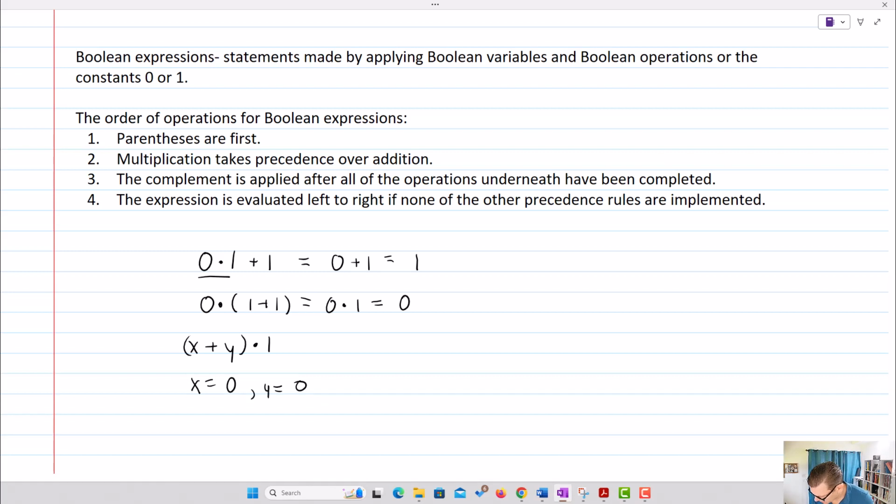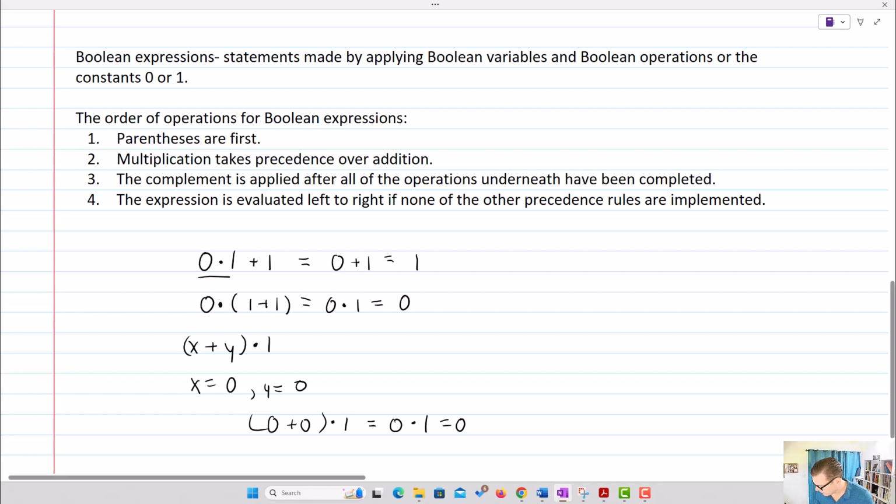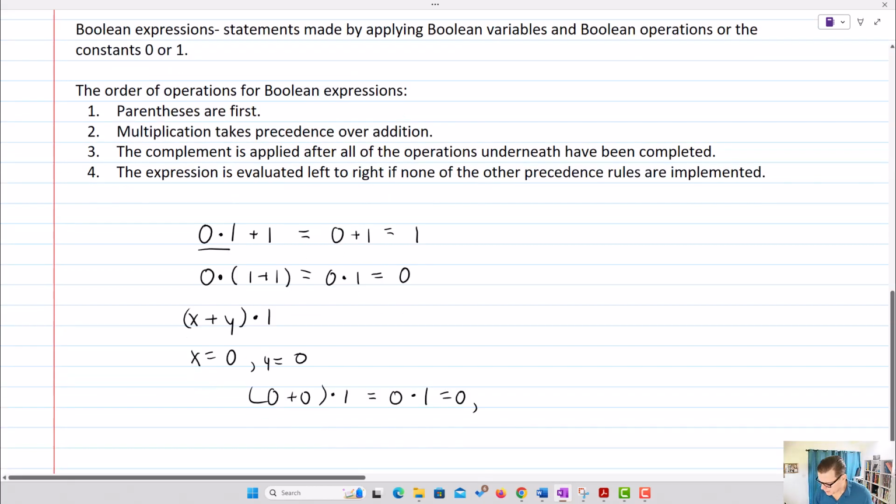In this case, what we get is 0 plus 0 times 1, and that's going to equal 0 times 1, which equals 0. Or, let's say, for example, we let x equal 1 and y equal 0. Then what we get is 1 plus 0 times 1. That equals 1 times 1, and that equals 1.